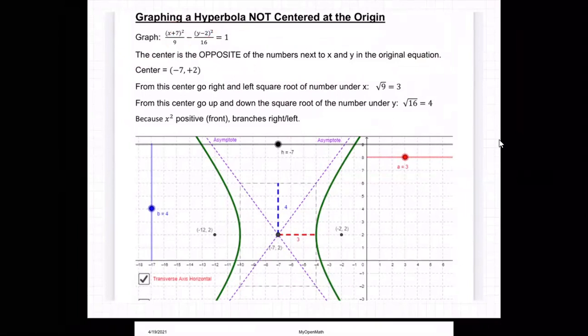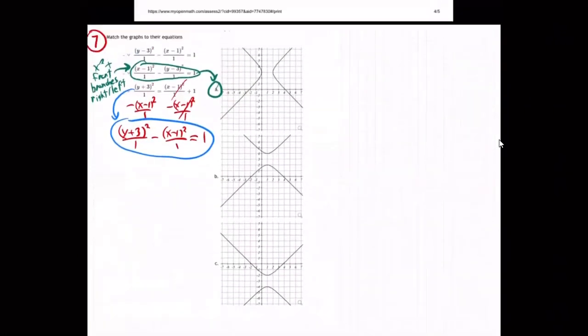That's the same way it was for an ellipse. It's just opposite, opposite. Opposite of plus 7 is minus 7, opposite of minus 2 is plus 2. Okay, so let's go back and do that.